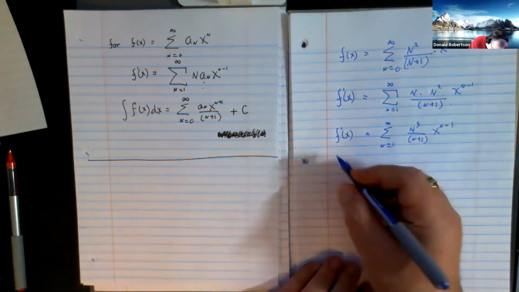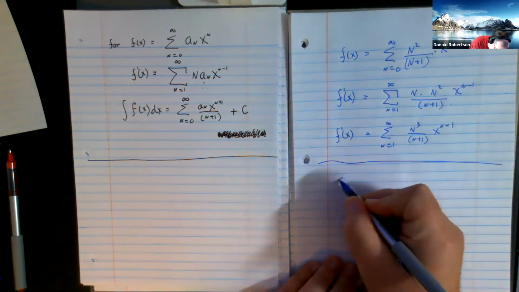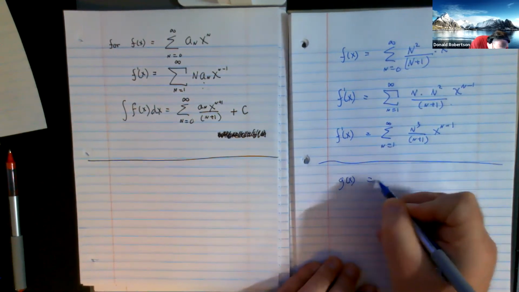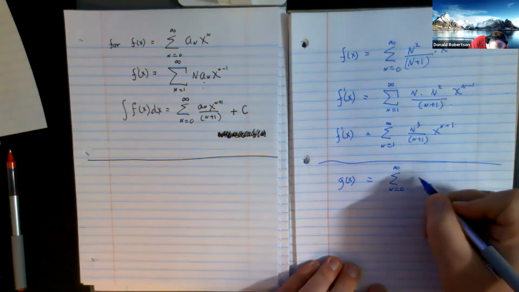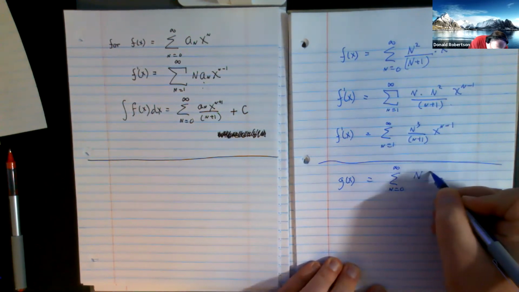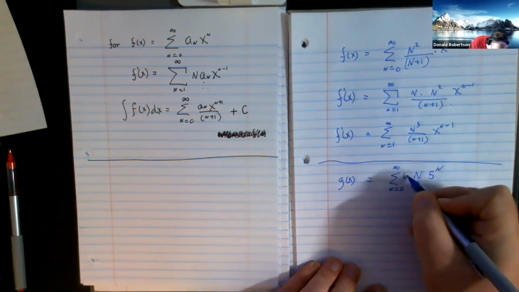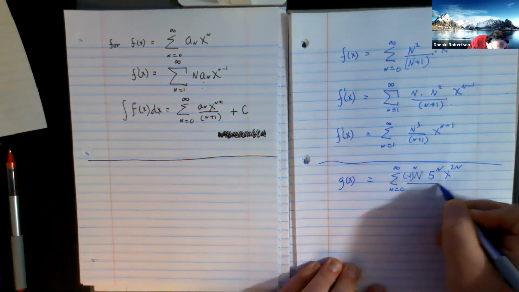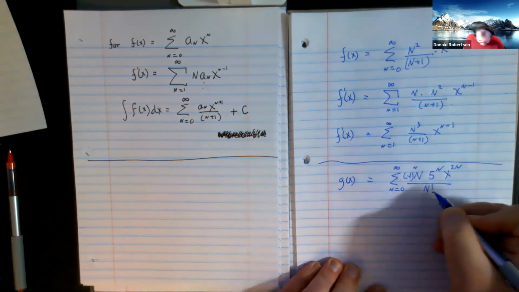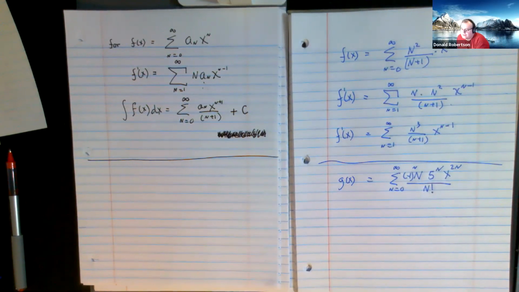Try this one. Suppose I have a function and its power series is the sum from n equals 0 to infinity of n 5 to the n, or I'll stick a -1 in the n. I'll make this 2n because I want to, and I'll put it over n factorial. That's a pretty ugly looking power series, right?